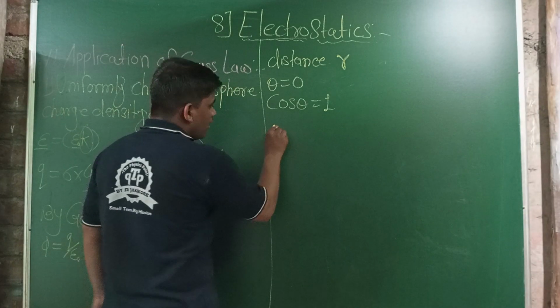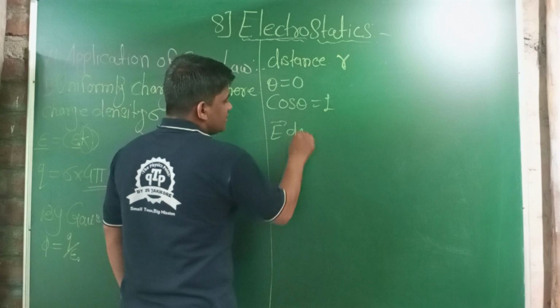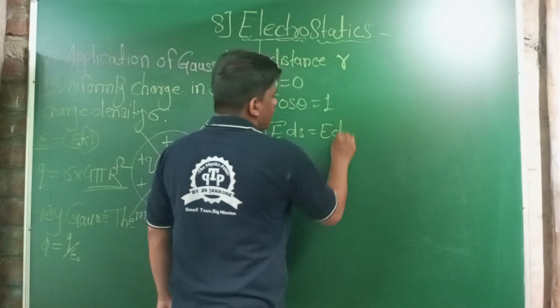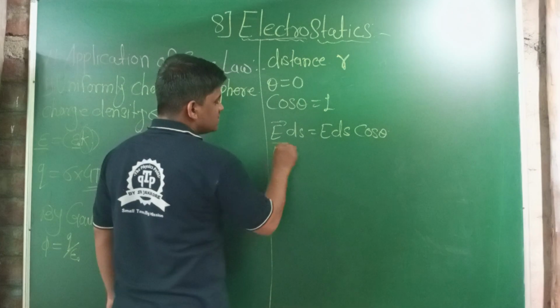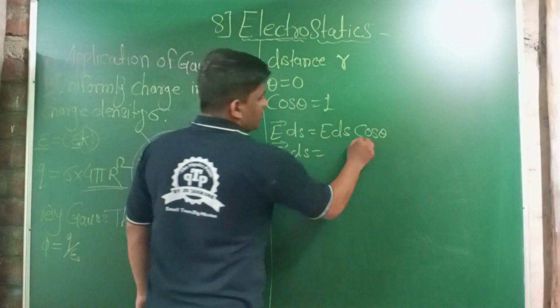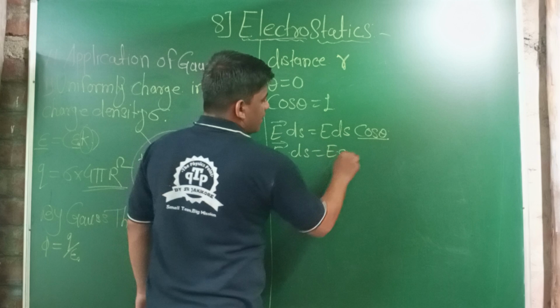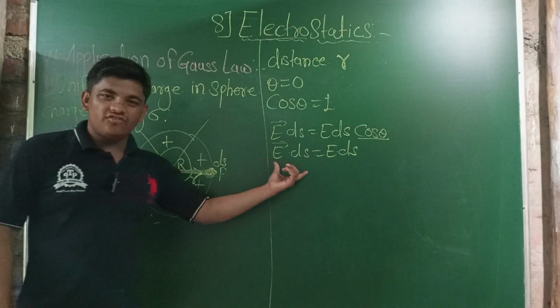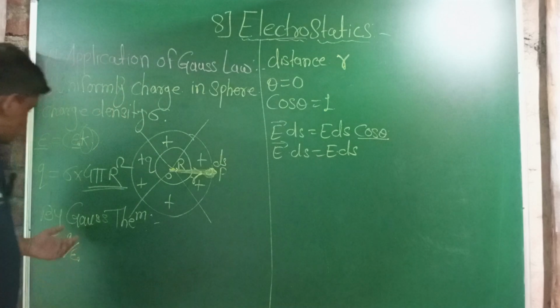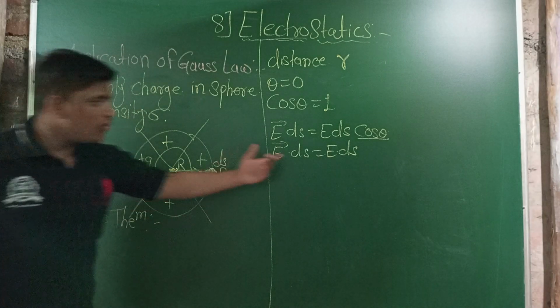Now E dot dS is equal to E dS cos theta. Because the magnitude is the same and cos theta is 1, it is E dS. This is the Gauss law, or the Gauss theorem. This is also electric flux.